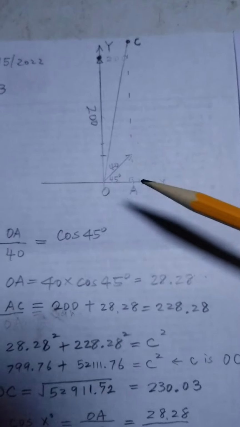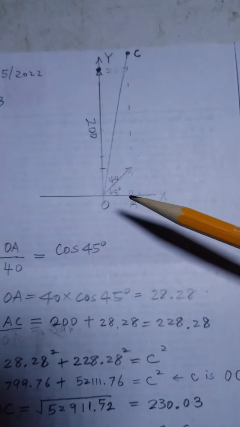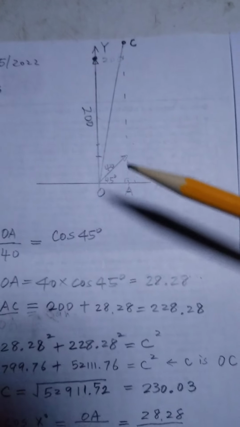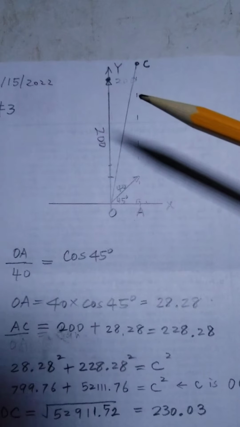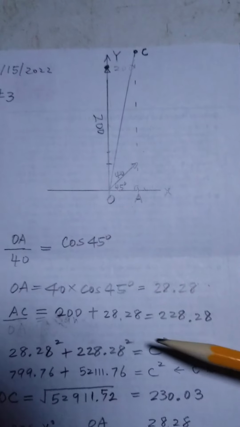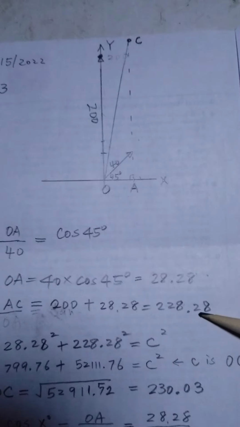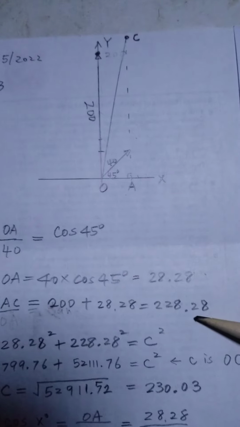So we know that from A to C is going to be 200 plus that 28.28. So it's going to be 228.28, right? It's going to go faster. Not by 40, right?